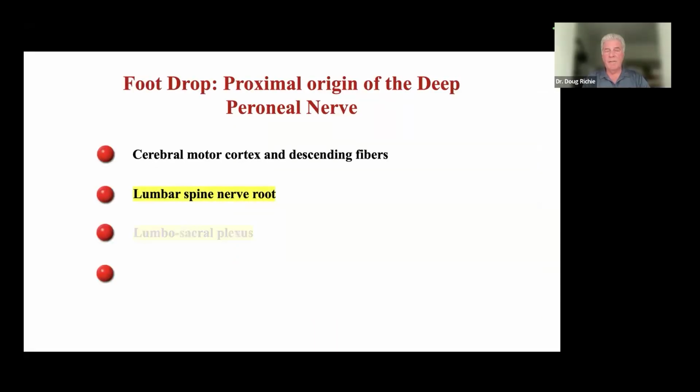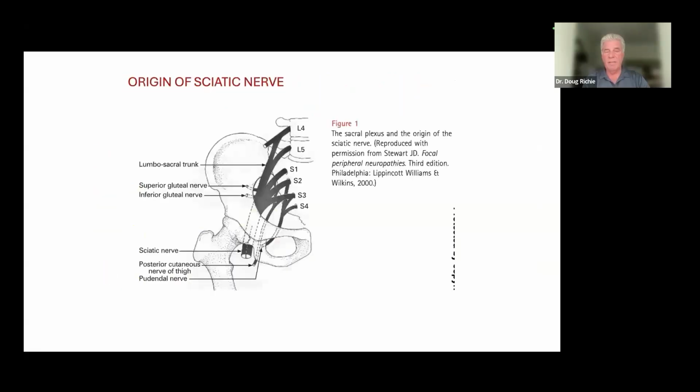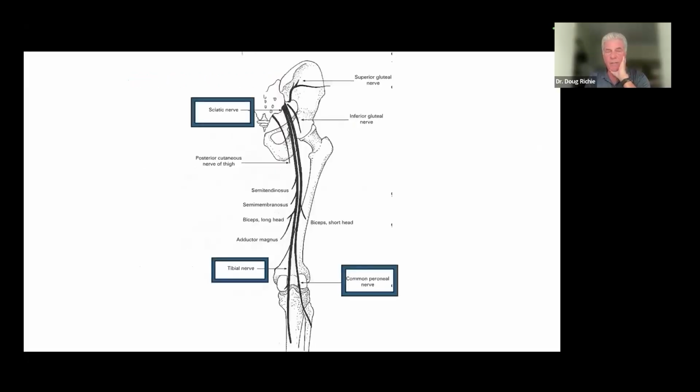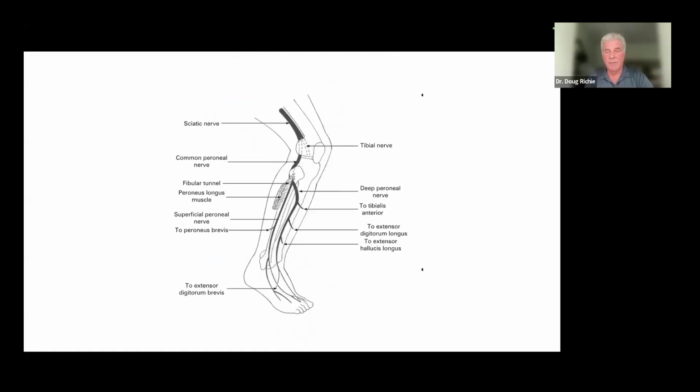So if we move down to the lumbar spine and the lumbosacral plexus, innervating the sciatic nerve, we see a different clinical presentation when these nerve roots are affected. They ultimately form the sciatic nerve, which branches distally into the tibial nerve, and then for our interest, the common peroneal nerve.